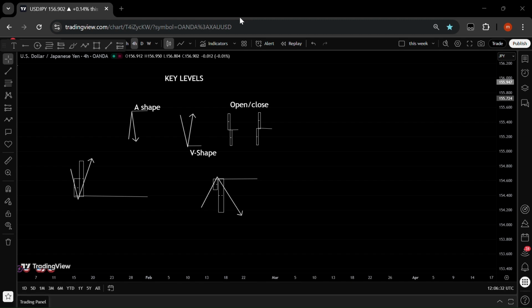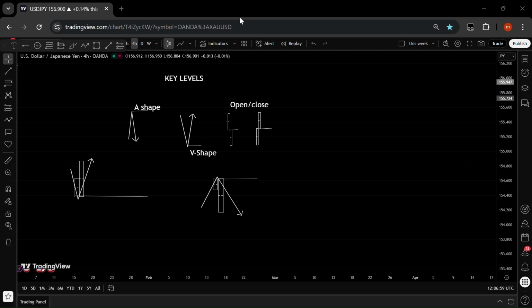A-shaped key levels are identified when we have a bullish candle and a bearish candle together. They are majorly used for sells. Now the V-shaped key levels, on the other hand, are identified when we have a bearish candle and a bullish candle together, and they are used for buys.